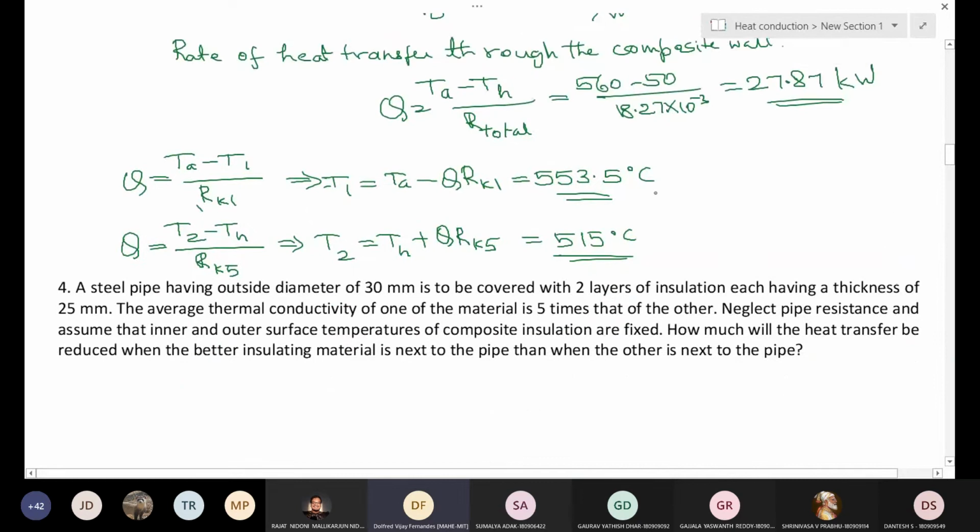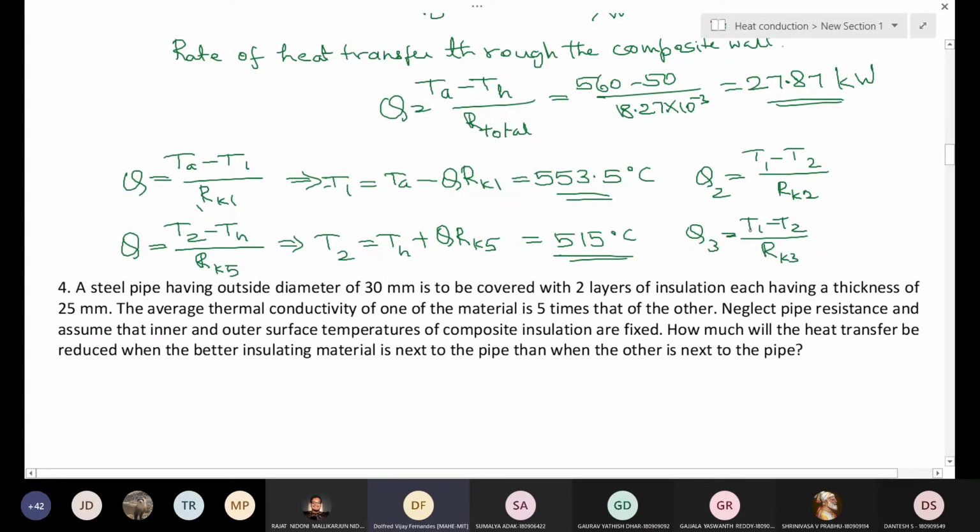So simply we can calculate the rate of heat transfer through the second wall, Q2, which is T1 minus T2 divided by RK2. Q3 is T1 minus T2 divided by RK3. Similarly, you can calculate Q4.